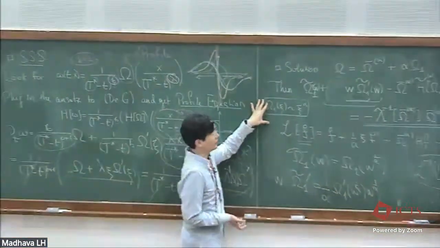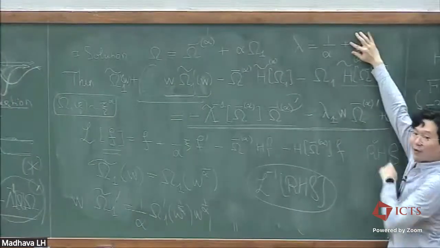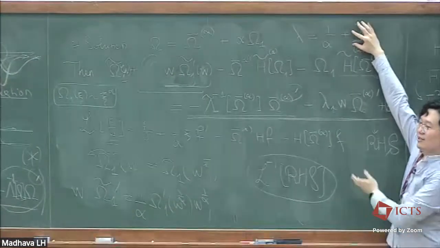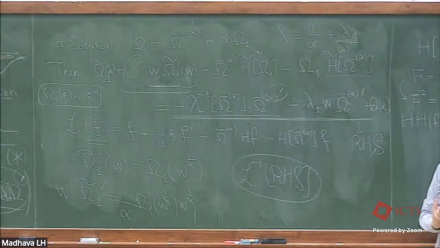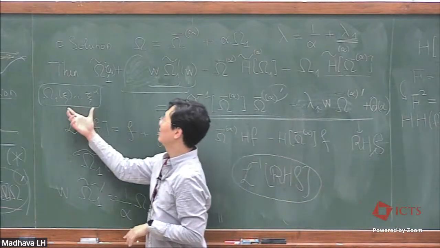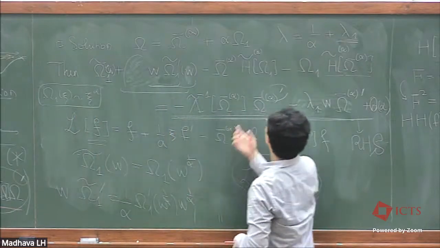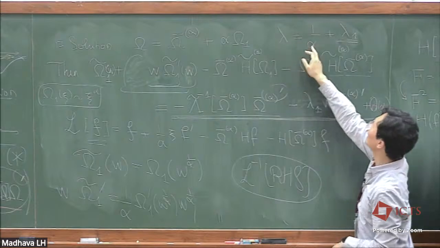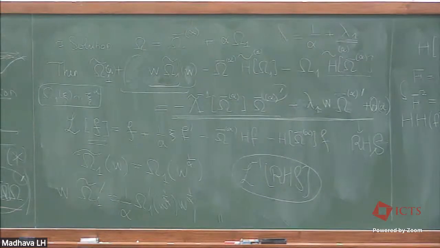The claim is, if you insist on having lambda equal to 1 over alpha, there's no solution. You need to perturb it. Then there is a solution. You first fix alpha, and you only consider functions which behave like this. Then, somehow, lambda must be perturbed as well.